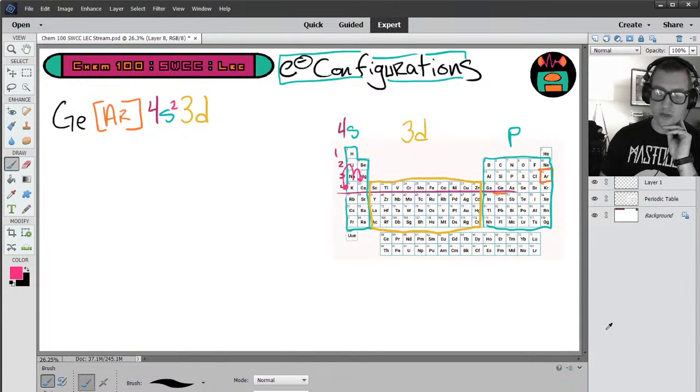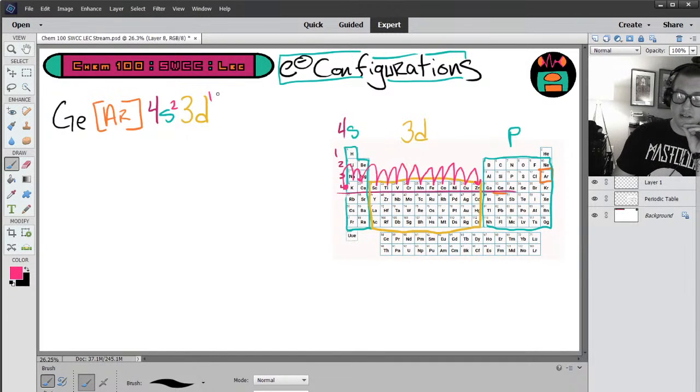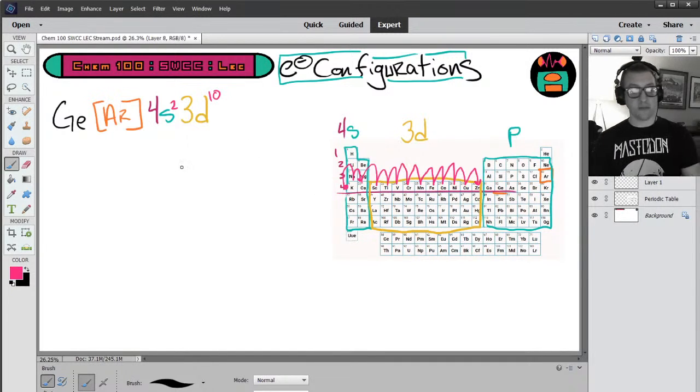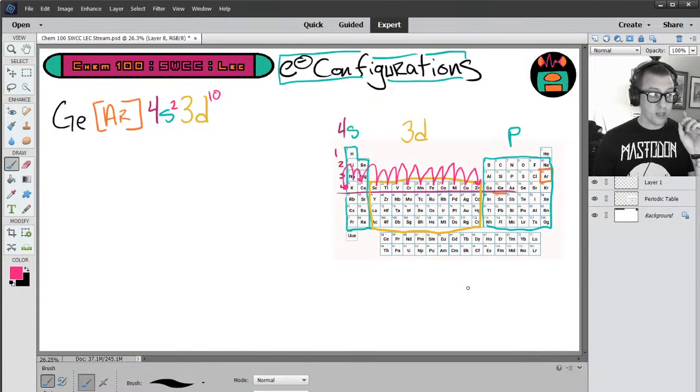So we count over 1, 2, 3, 4, 5, 6, 7, 8, 9, and 10 spaces into the D block. We come to the very edge of the D block, and now you'll notice we're about to cross over into the P block. We have to get to germanium. What happens to the energy level there?